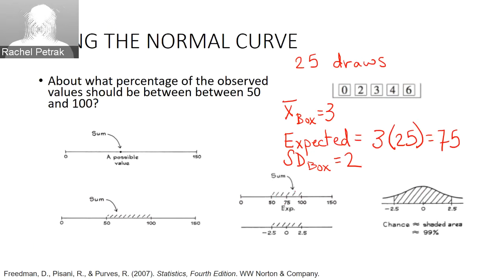So we need to know what the standard scores are that represent each of these points, 50 and 100. So this is just what we did in chapter 5, the exact same process. Just a minute, I'm going to need a little more space.